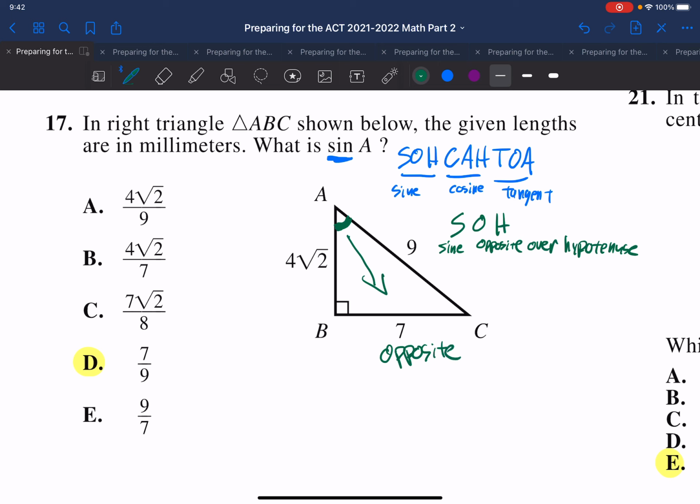And 9 is the hypotenuse because it is the longest. So we divide these two numbers to get our sine ratio. Sine of A is 7 over 9, and that's why letter D is the answer.